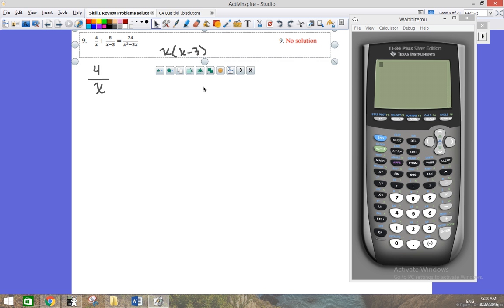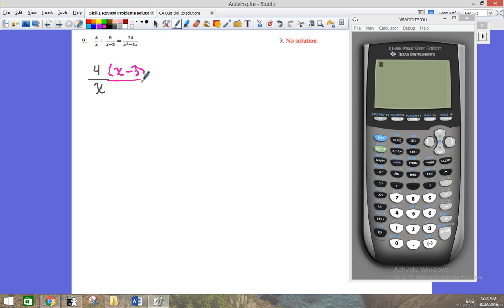So to save a little bit of writing, let's just recognize that right off the bat. And we've got x minus 3 over x minus 3, which is the number 1, and now that has the denominator that we want. 8 over x minus 3, and if we multiply by the number 1 but write it as x over x, here I'll put the x out in front, and I could have written that because multiplication is commutative.